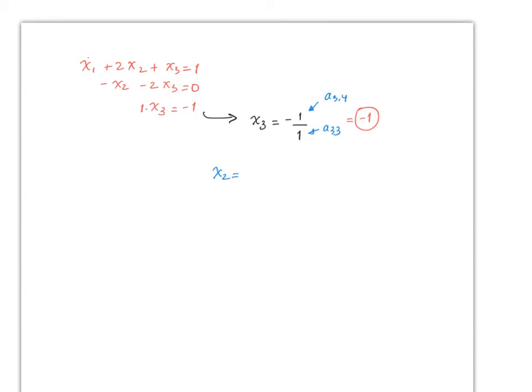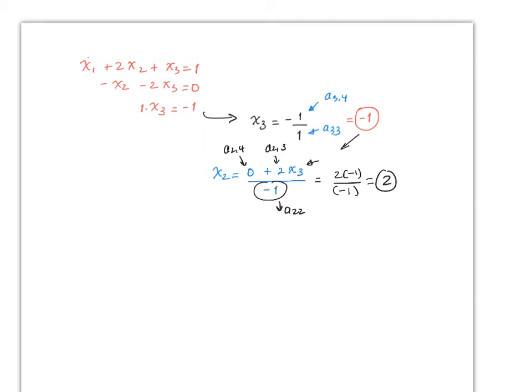So x2 is going to be equal to 0 plus 2x3 divided by -1, where remember that 0 is nothing more than a24, and x3 we already know what it is, this value right here, but the number 2 is technically a23, and this one on the bottom is a22, and once you simplify everything, this is going to be 2 times -1 over -1, which is just equal to 2.